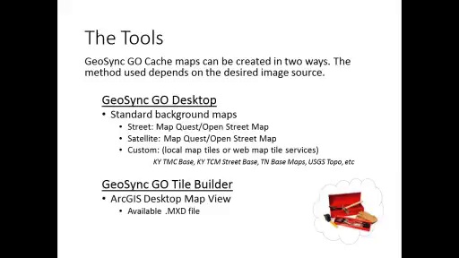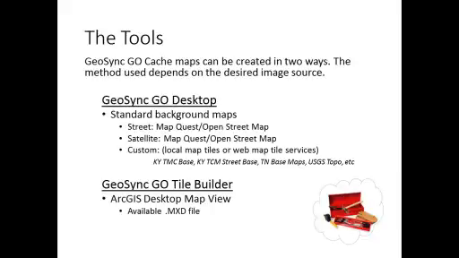Your street background, which is basically MapQuest and OpenStreetMap, the satellite imagery from MapQuest, OpenStreetMap, and the custom background, basically the local, like I mentioned before, the local map tiles or the web map tile services, such as the Kentucky Transportation Cabinet base map, the street base, Tennessee base maps, USGS Topo, basically those services that are already published that we can consume in GeoSyncGO Desktop as a standard.